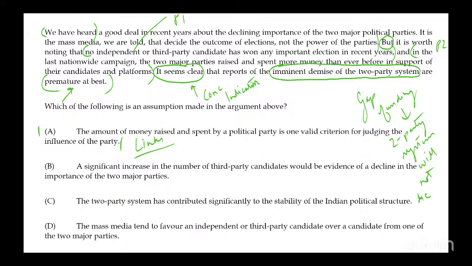They won't be replaced by a multi-party system, right? If I'm saying this is no valid criterion, the argument falls apart, right? So A looks very good. B, a significant increase in the number of third-party candidates would be evidence of a decline in the importance of the two major parties.